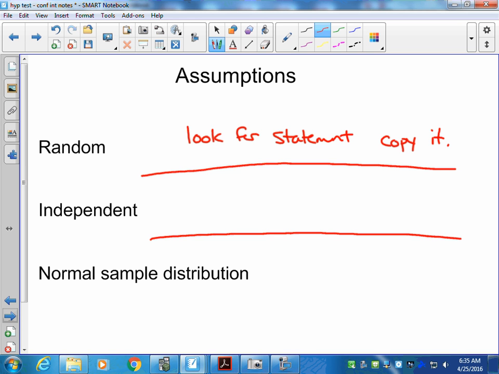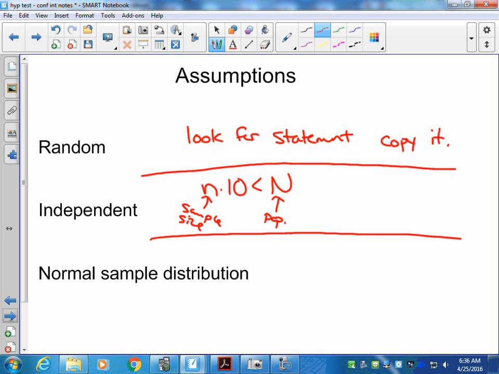When we look at independence, there can be 2 types of independence. You have your individual sample. So when we look at each sample size, little n, times 10, is that less than the population? These are for our individual samples. Is the individual sample small enough to be independent? That's part 1.